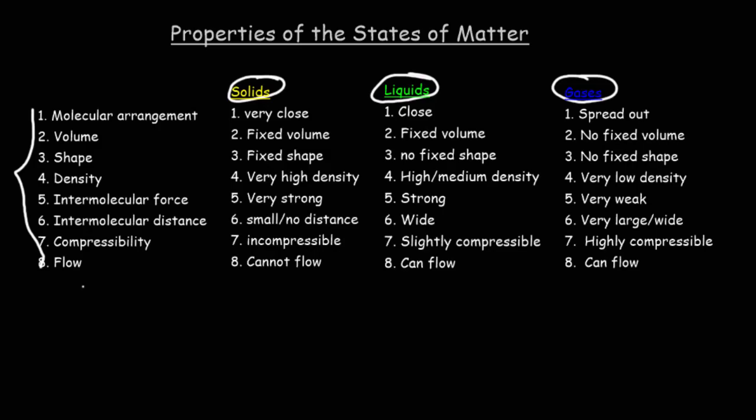And actually, it is the arrangement of these particles that gives the structure of the state of the matter. So in solids, the molecules are arranged very close to each other to form a very compact structure.